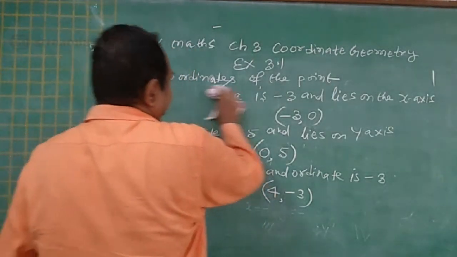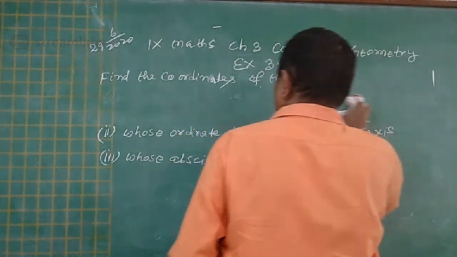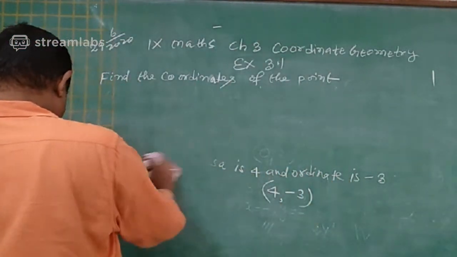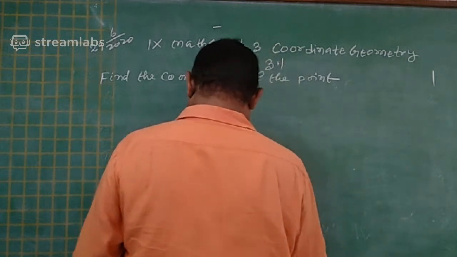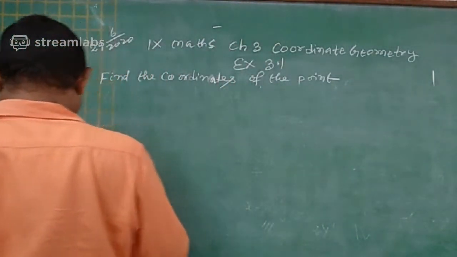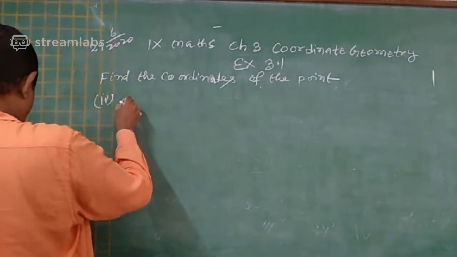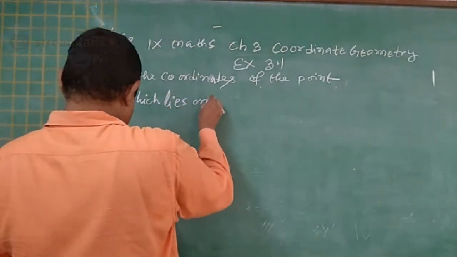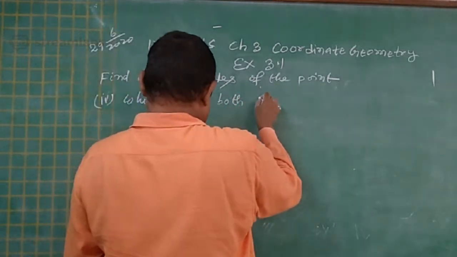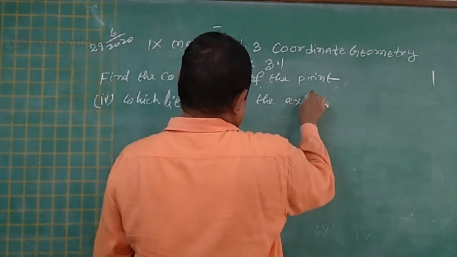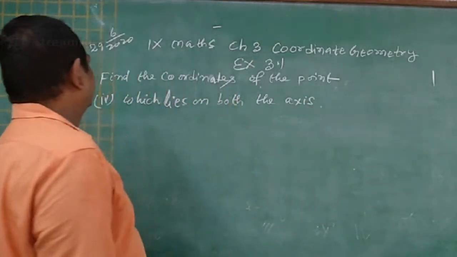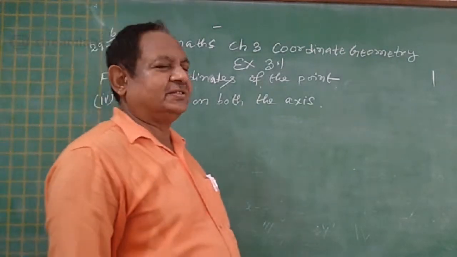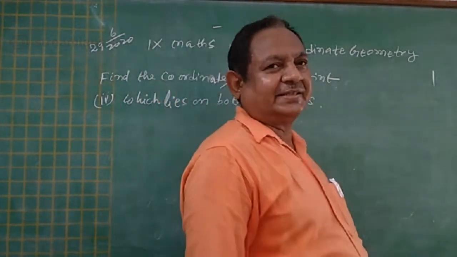Fourth question. Find the coordinate of a point which lies on both the axes.